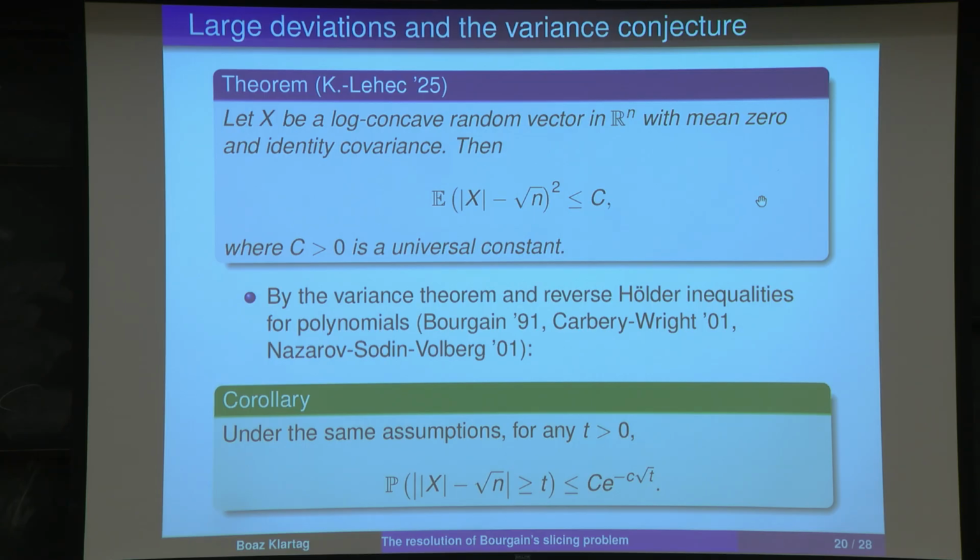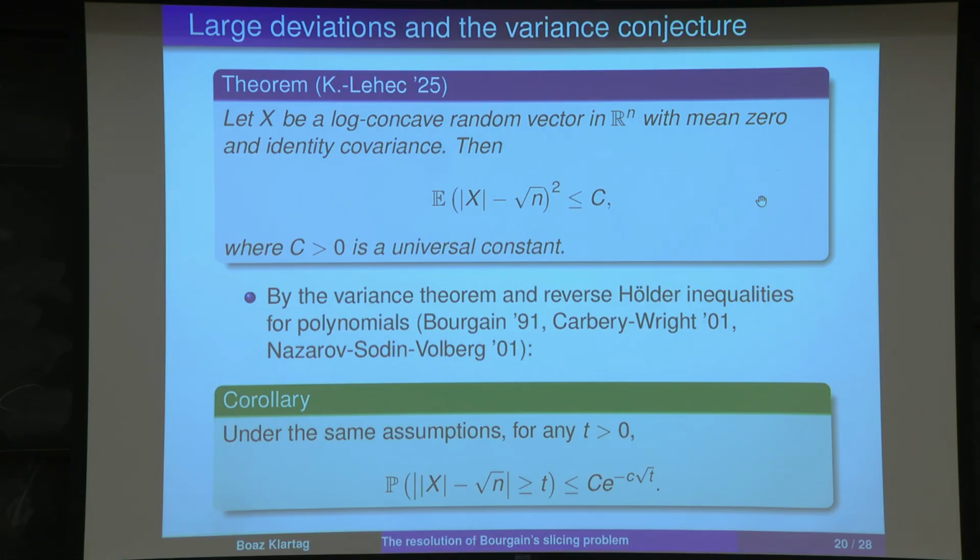Another thing that we know: not only do we know that most of the mass is in a spherical shell, but we also have some large deviation estimates that accompany this thin shell bound. So in fact, if you apply this theorem together with the reverse Hölder inequality for polynomials, which goes back to Bourgain in '91, and then a decade later, Carbery and Wright and Nazarov, Sodin, and Volberg developed it, you conclude the following inequality.